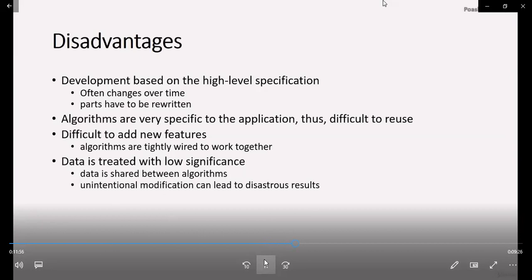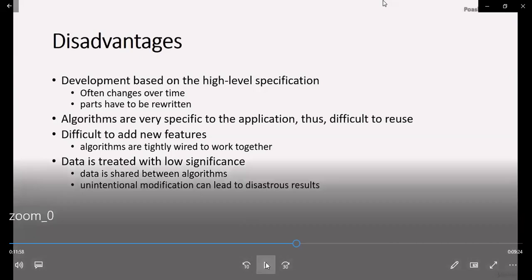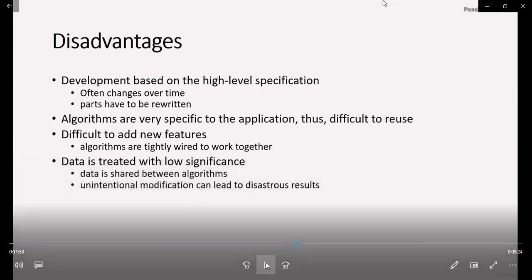What about the data? In this kind of application, the data is not given much importance. It is treated with low significance. This means that if several algorithms require some data, there is no safe way of sharing the data only with those algorithms.